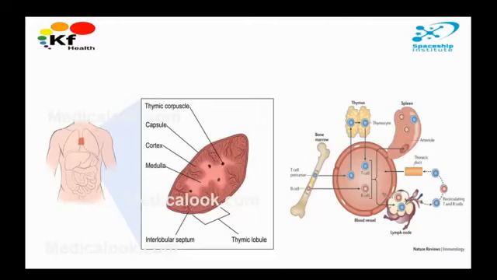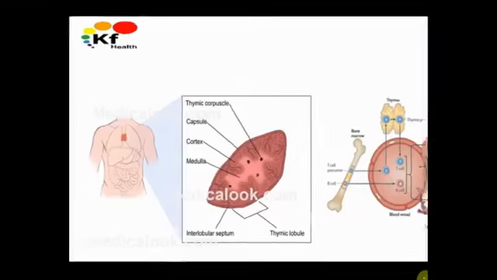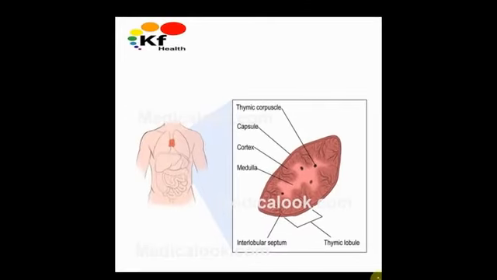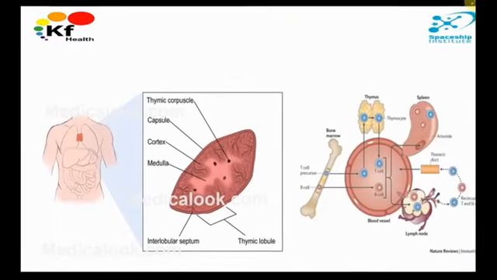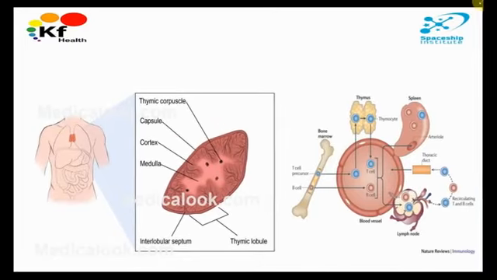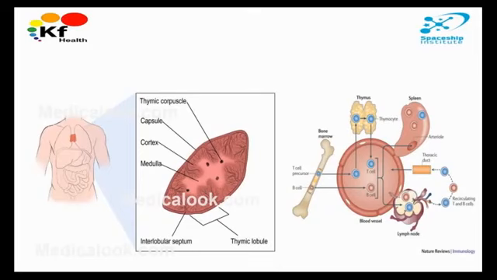In the cross section of the thymus, you see it has a capsule, the outer side, and a cortex, the inner side. Actually, on the right side of the picture, you see stem cells, progenitor cells from the bone marrow, mature at some stage and go into the blood through the circulatory system and reach the thymus.